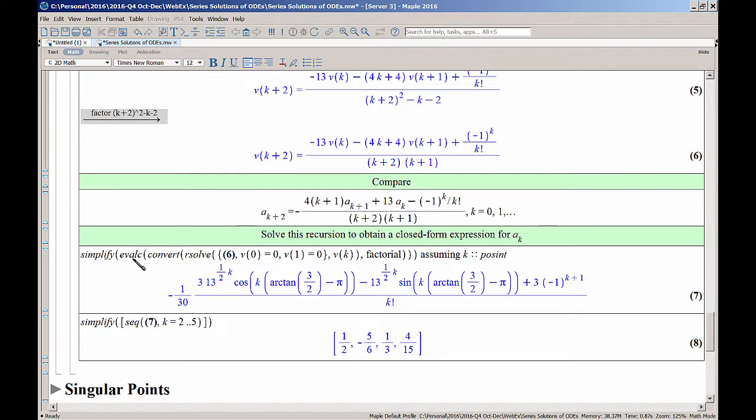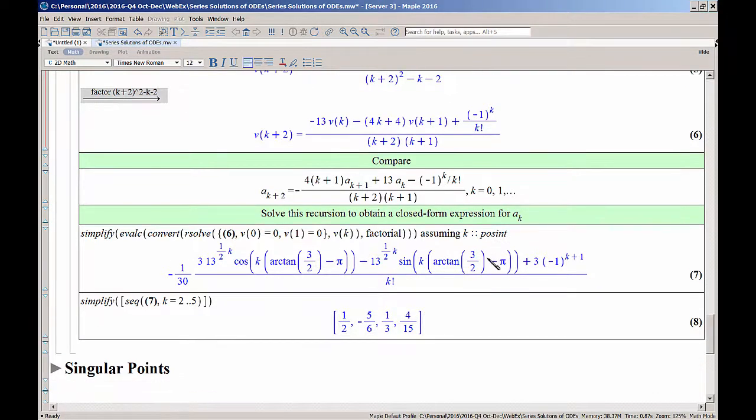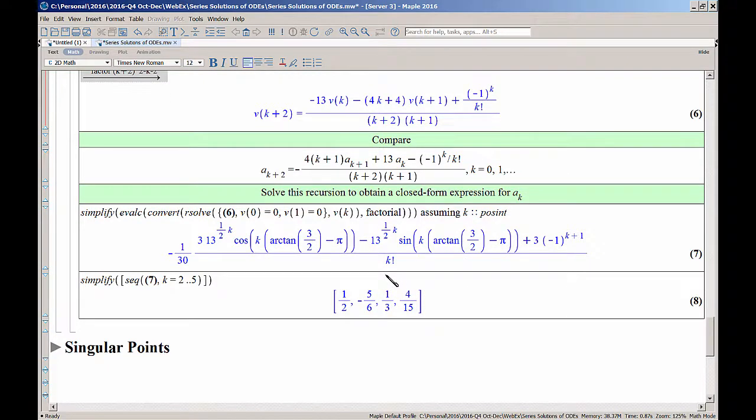Even though it's real, it's disguised as a real expression. So evalc puts it into the form a plus bi, where the b is going to be 0, so you get just the real stuff. And you simplify and tell Maple this k is a positive integer. And so you get this expression, which is a closed form representation of the a's.